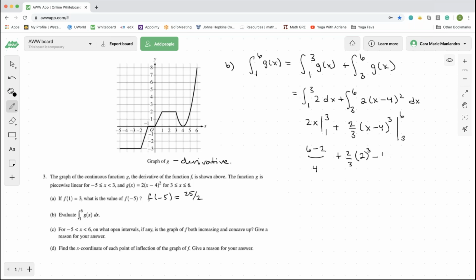And then I'm going to subtract 2/3 of negative 1 cubed. Okay, so 4 plus 16 over 3 minus a negative 2/3. So I get 4 plus 18 over 3, which is 6, which is 10.